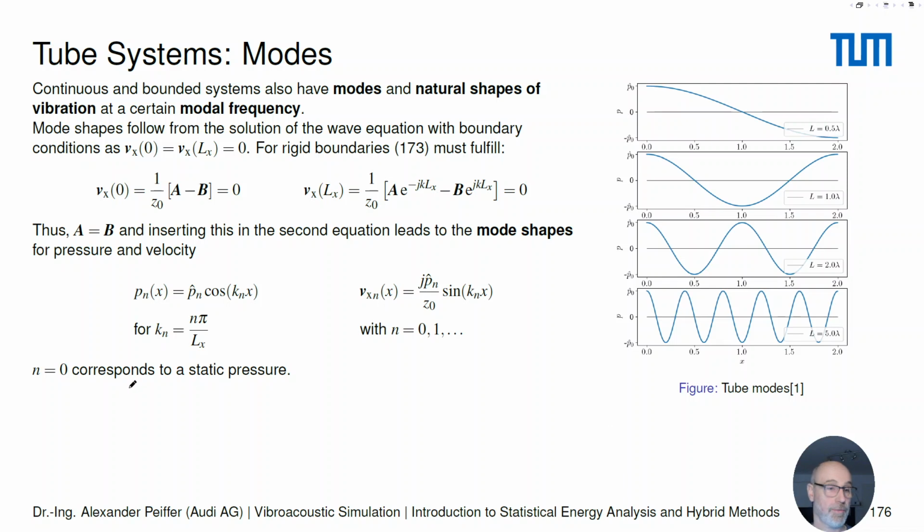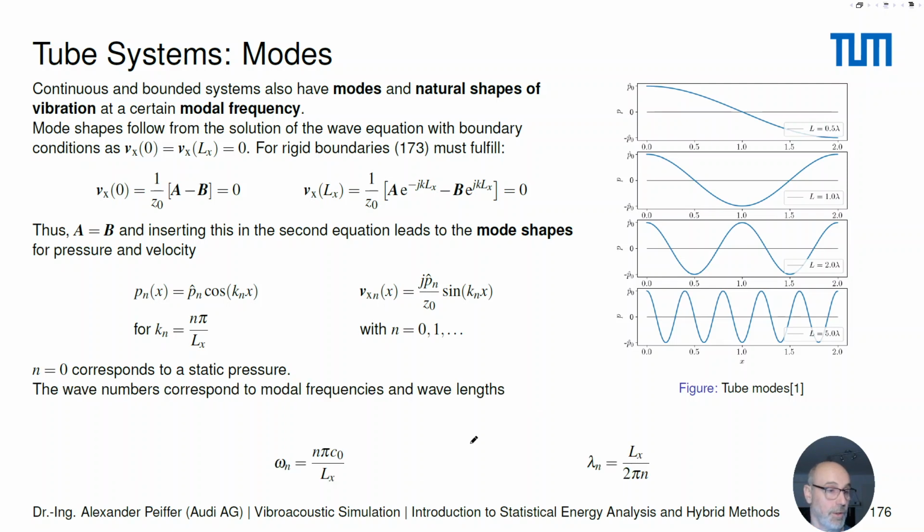On top of that, you will have an n equal to 0. That's an existing mode. It does not exist in spring mass systems, but in a cavity system or in a tube system, this corresponds to the static pressure, which should normally also be considered. Good.